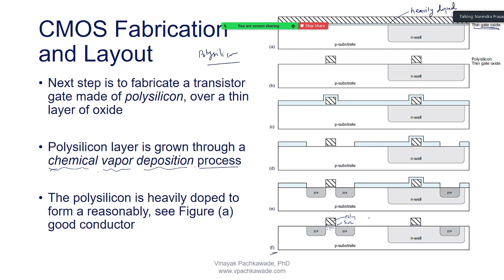And does the gate oxide completely act as an insulator? Yeah, well, there is some leakage also. The leakage comes from what is called the tunneling effect. Sometimes the charge carriers go from this to this also.